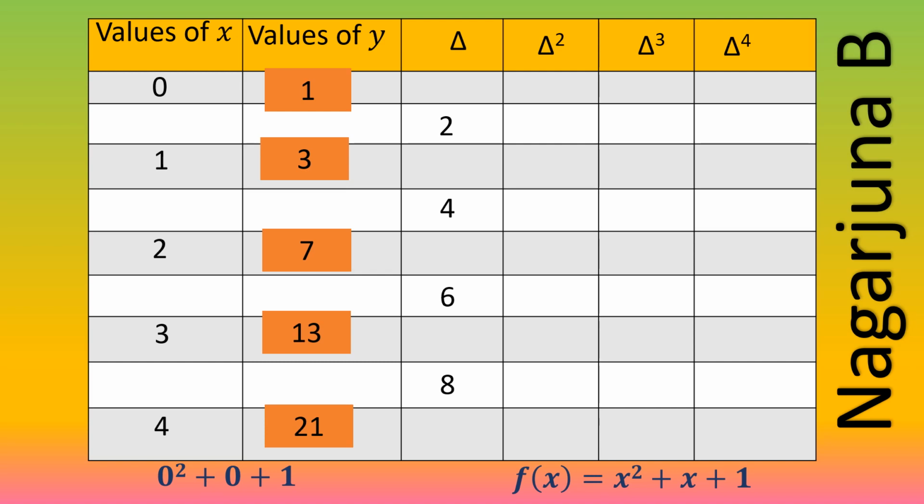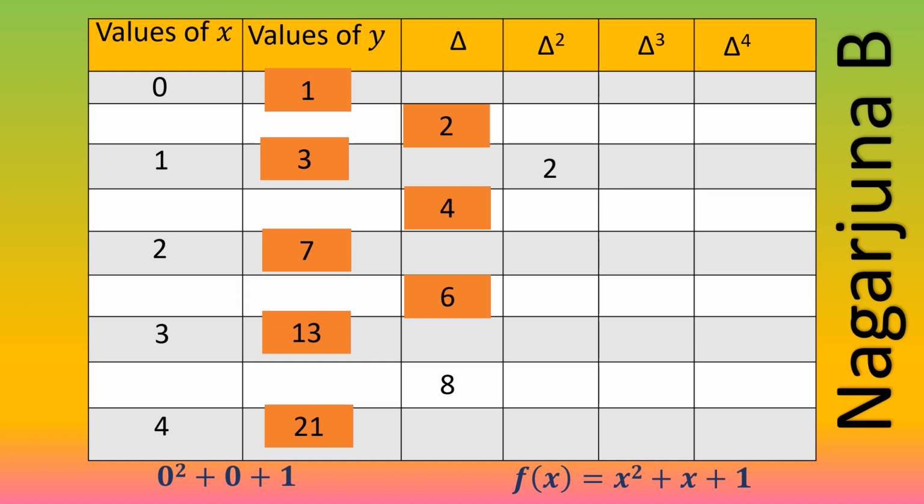The next, delta square. So delta square, first one, again from the top of the table we need to consider the delta values. So the first value will be 4 minus 2 is equal to 2. That you have to write in between 2 and 4 in the column of delta square like this. The next value of delta square, 6 minus 4 is equal to 2.